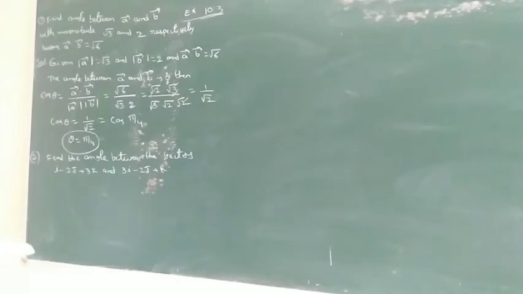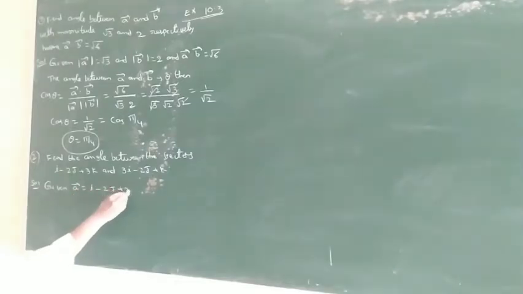In the first problem the magnitudes of a and b and a bar dot b bar were already given. Here the second problem also asks for the angle between the two vectors. The data is different, but the solution is similar. Given a bar is equal to i minus 2j plus 3k.